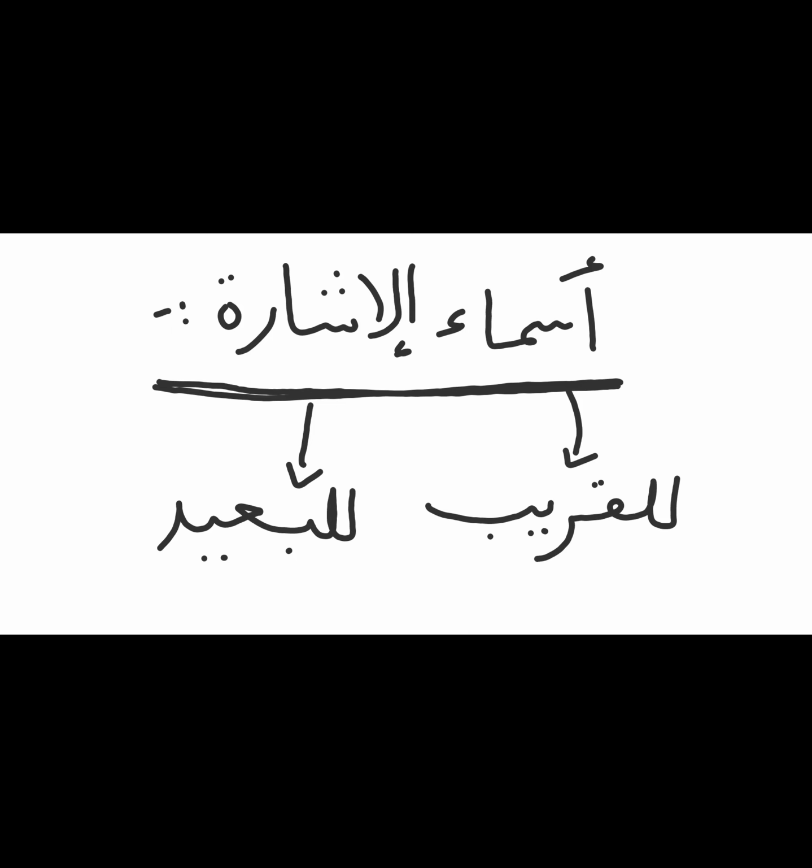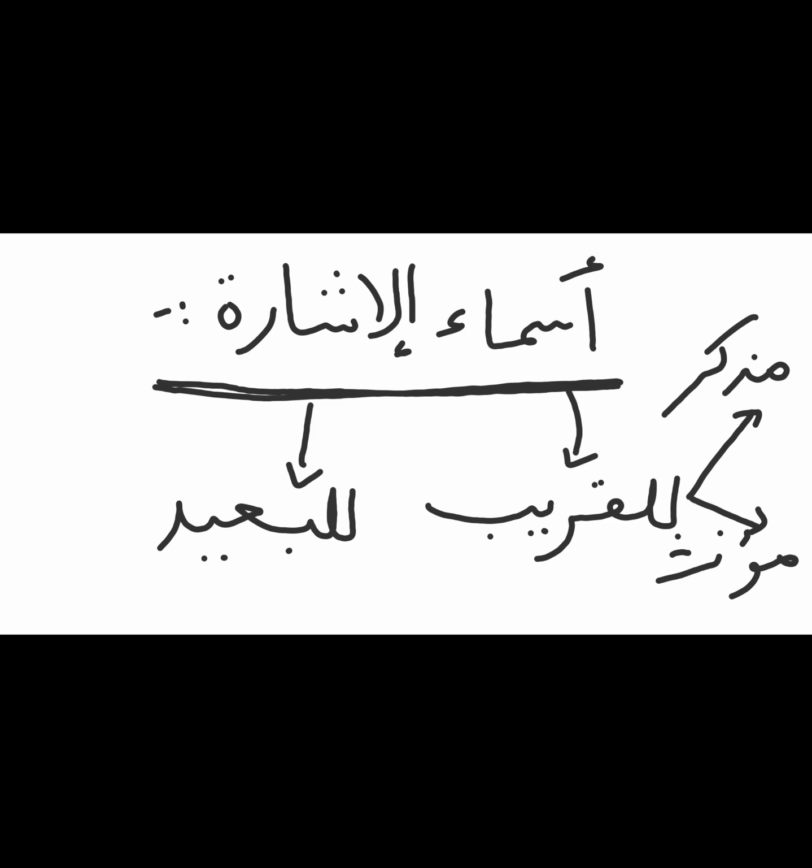أسماء الإشارة. تمام. Now, my dear students, each one is going to divide again into two. Either the thing that you are pointing to, generally, is مذكر or مؤنث. You know, in Arabic, you need to take care of the gender all the time. Right? It's a very important thing. Even when you are talking about the colors, you are talking about this and that, you need to see the thing that you are saying: this is a book, this is a notebook, this is a boy, this is a girl.